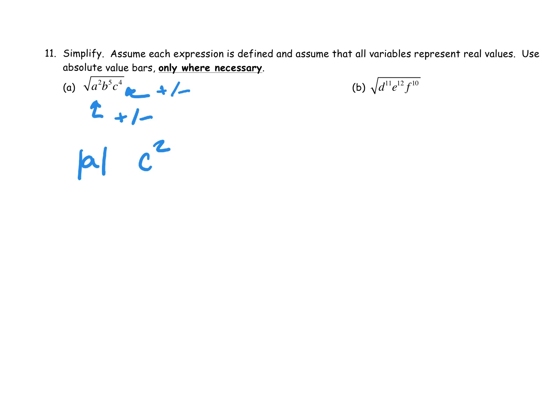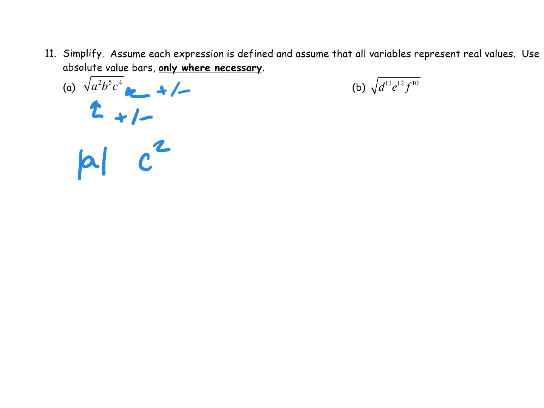Now the last thing is B. We just said inside I have something squared, A squared, which is going to be positive, and C to the 4th, which also is going to be positive. So that means B to the 5th has got to be positive, because if it were negative, I'd be taking a square root of a negative, since a negative number to an odd power would remain negative.